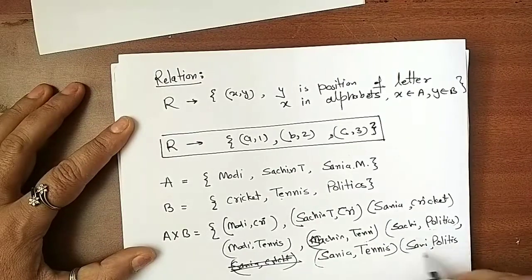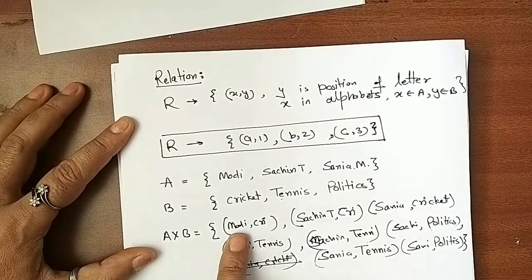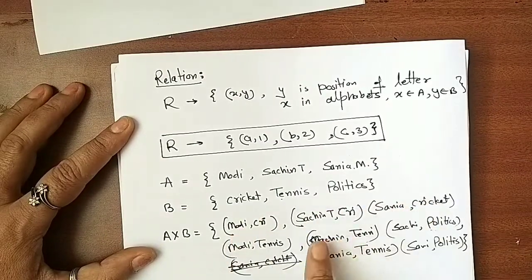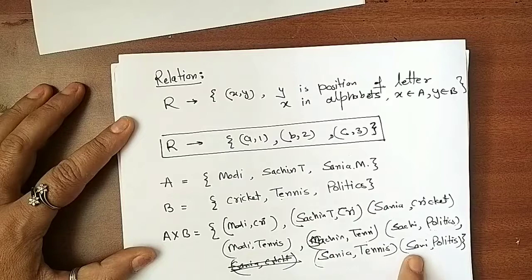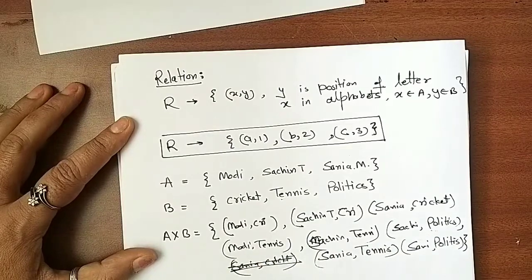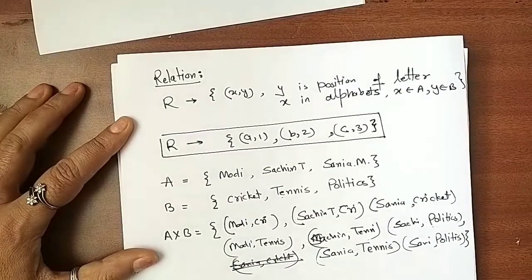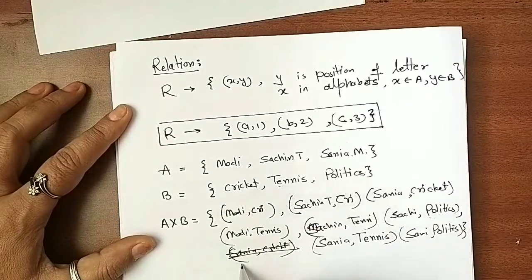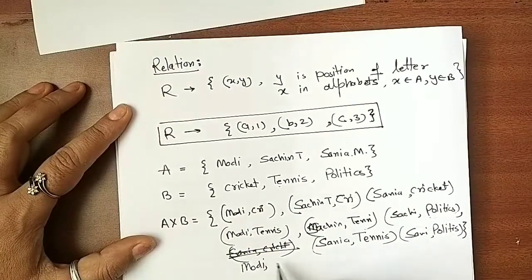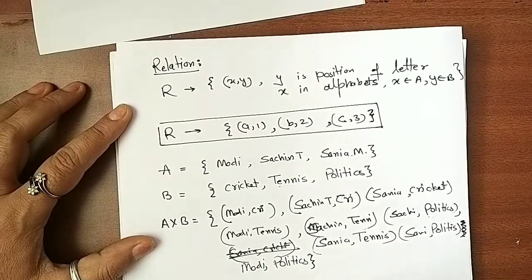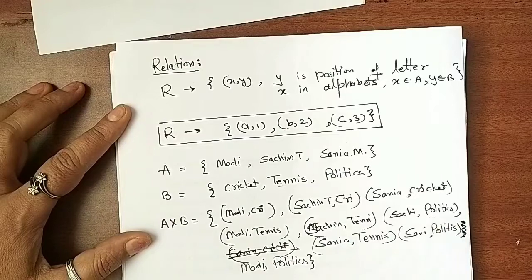So we take one at a time. Understood? 1, 2, 3, 4, 5, 6, 7, 8. There is one pending. I think the one which is missing is Modi with politics. Okay, guys. So these are all possible pairs.